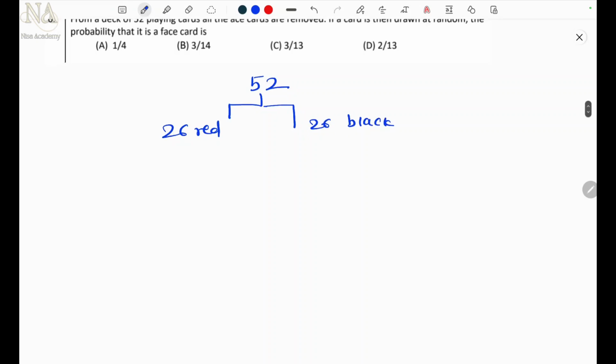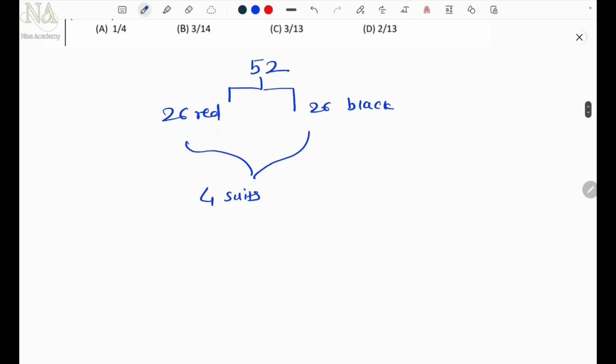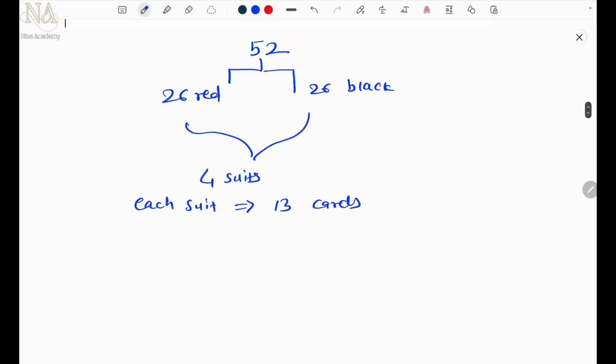These are further divided into 4 suits, where each suit has 13 cards: king, queen, jack, the ace card, as well as the number cards 2 to 10, in each of the suits.